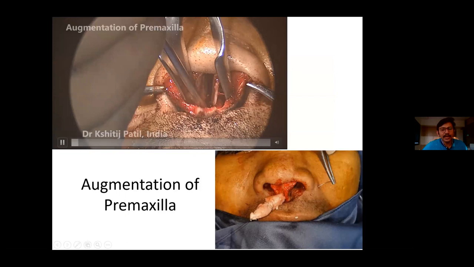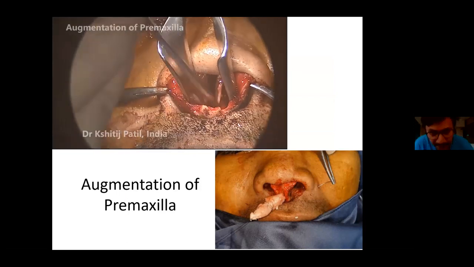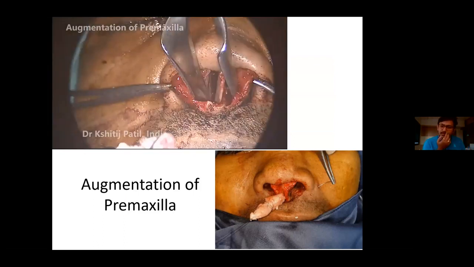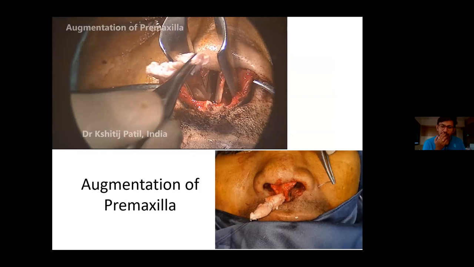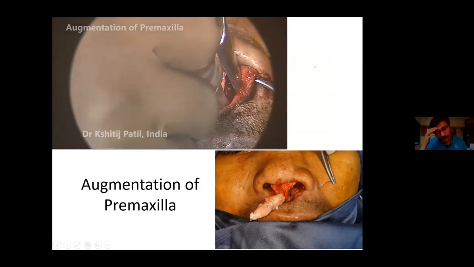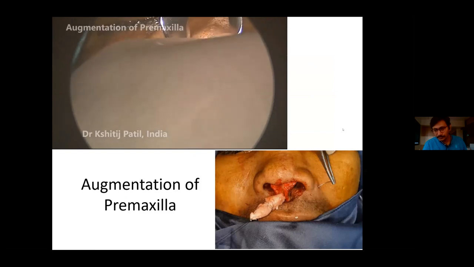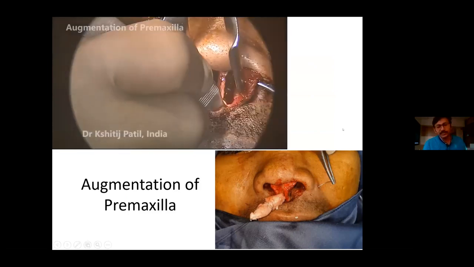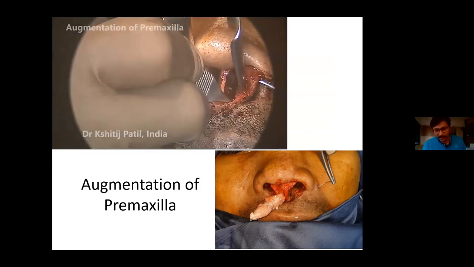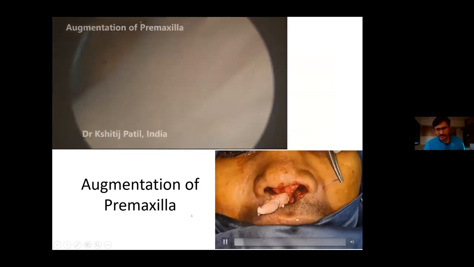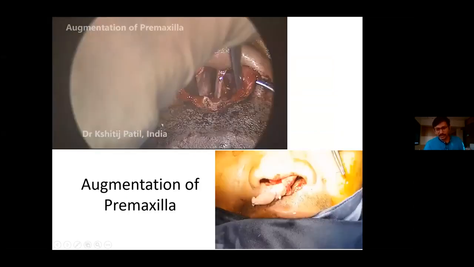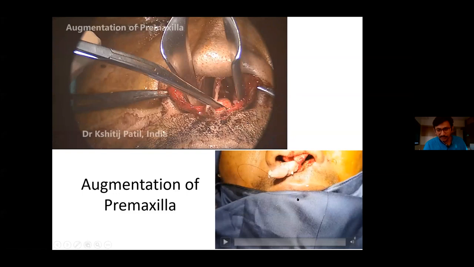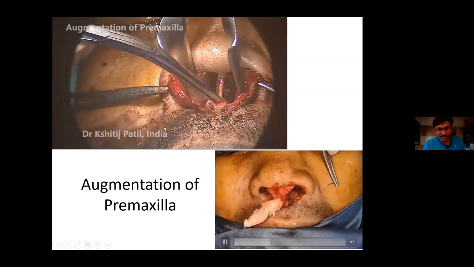Here you have to identify the nasal spine, and then you have to elevate in front of the nasal spine on the maxilla, and then this augmentation is placed over there. Nowadays we are fixing this diced cartilage wrapped in fascia also. So as you can see here, you can even fix it over the premaxilla.